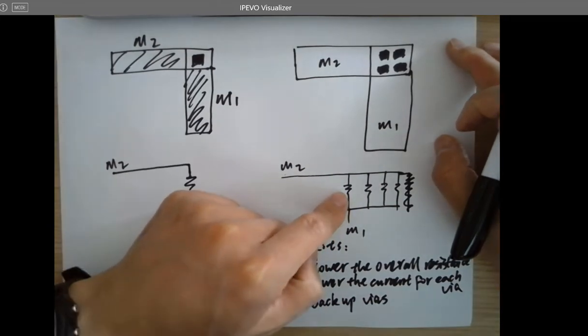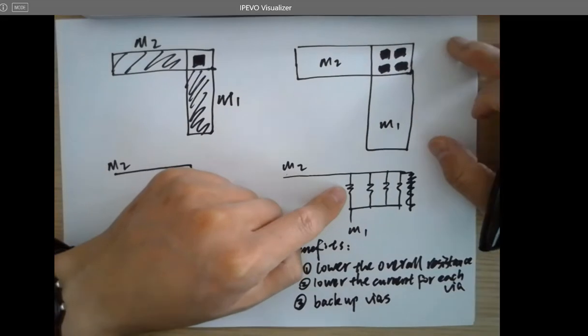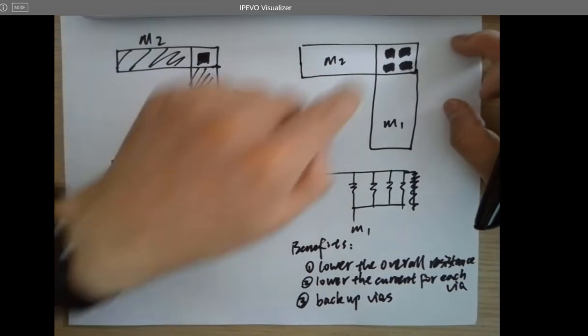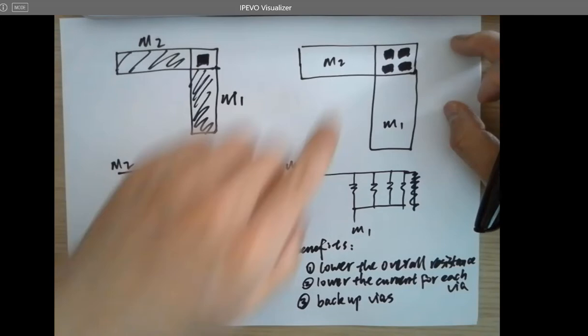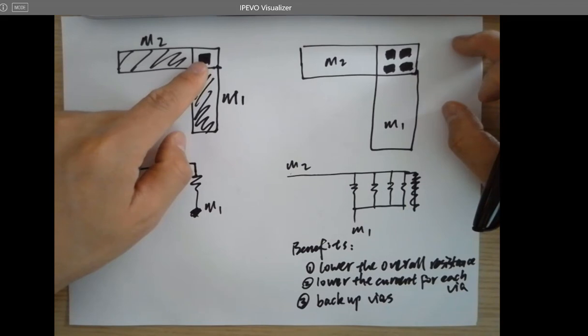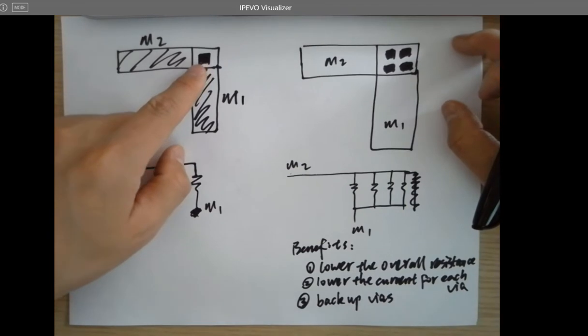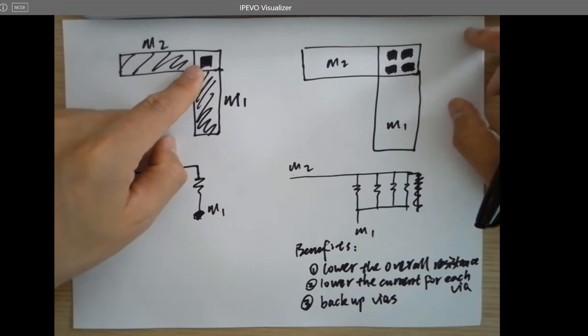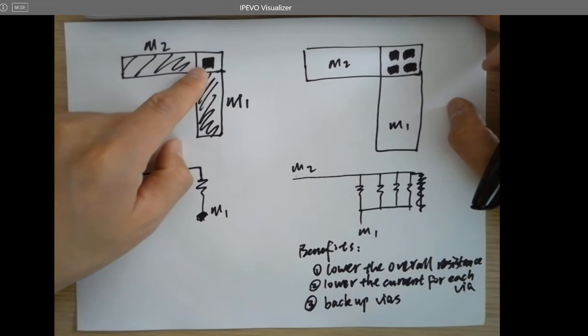The reason is, I think the current rating for the vias is a constant. You cannot change it because it depends on the material. So if you run a huge current through that via, it can potentially damage the via. You can imagine how many vias you have on each chip, probably thousands or millions of vias in there. If just one via is not working properly, then the chip is done, right?